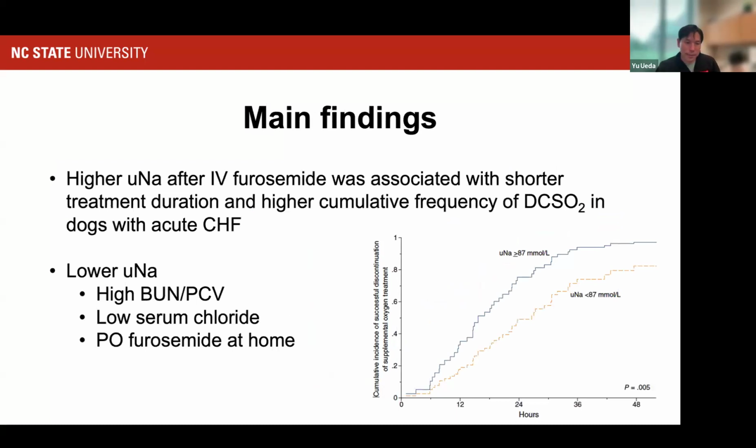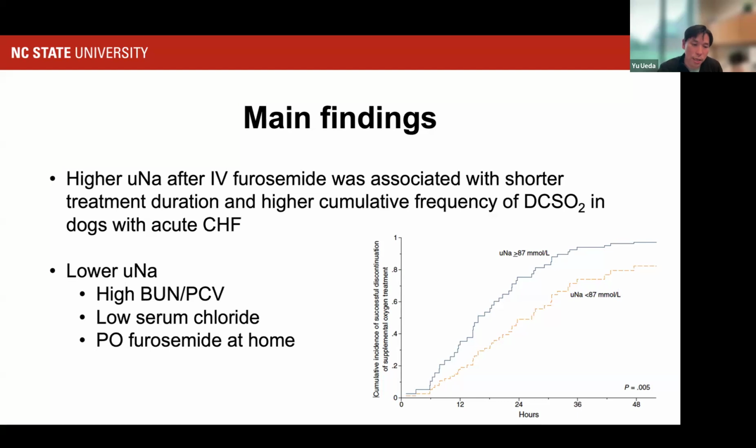So the main finding of this study is they found that higher urinary sodium concentration after IV furosemide administration was associated with a shorter treatment duration and a higher cumulative frequency success rate of discontinuation of oxygen supplementation in dogs with acute congestive heart failure.